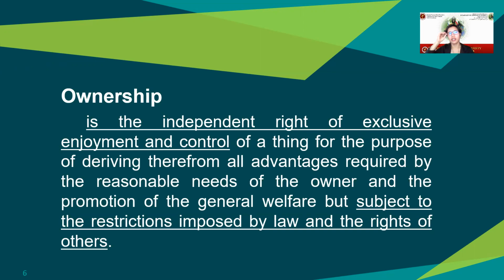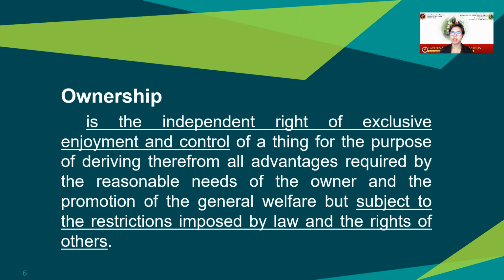In this sense, ownership and possession are somewhat similar. Ownership, I own something. If I possess a thing, I still own it. But there is a difference between ownership and possession. Ownership, by definition, is the independent right of exclusive enjoyment and control of a thing. When you say ownership, it's your right. You have control over the thing you own, and you can enjoy it for the purpose of deriving benefits therefrom.